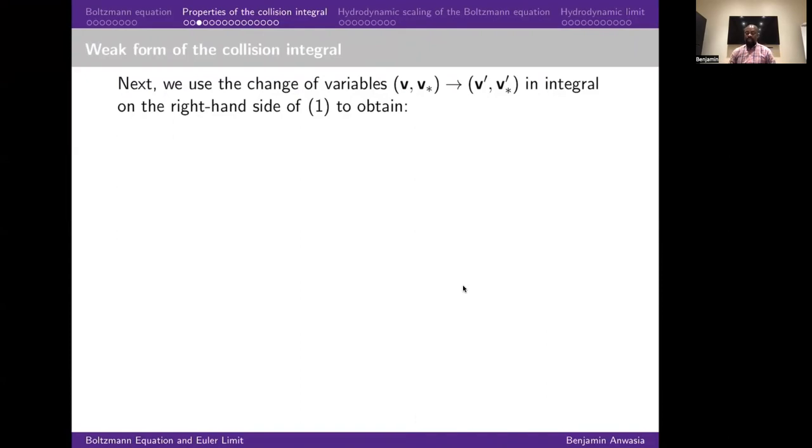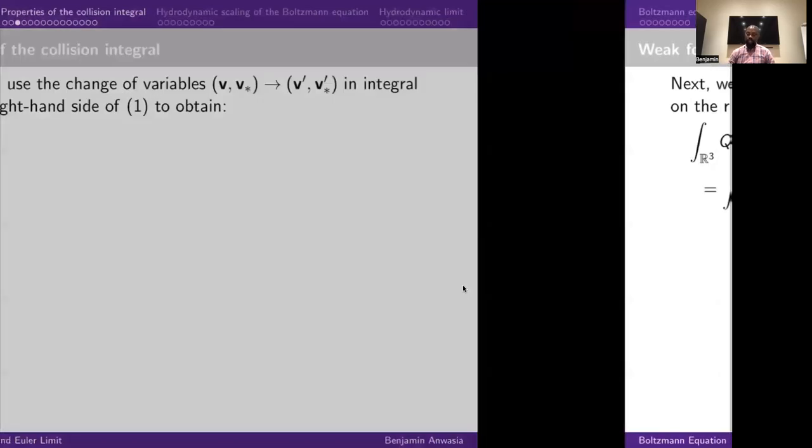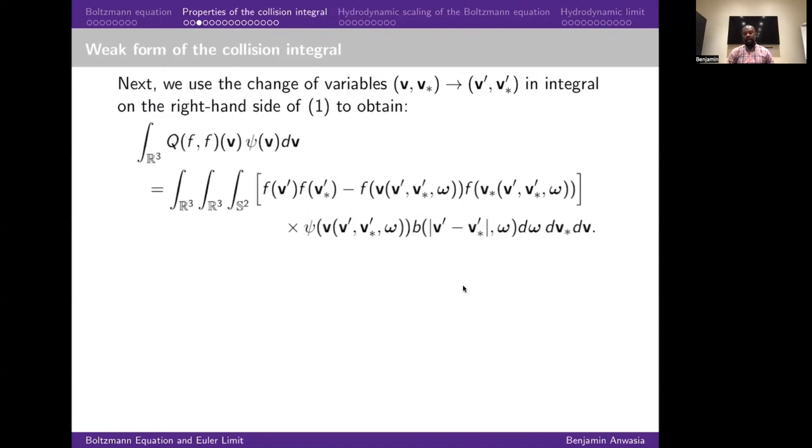In particular, using the transformation of the pair V, V star to V prime, V star prime in the integral on the right-hand side of equation 1, we obtain the following equation, where the fact that the Jacobian of the transformation of the pair V, V star to the pair V prime, V star prime has absolute value of 1 has been used. Now observe that the collision kernel is also invariant under this transformation.